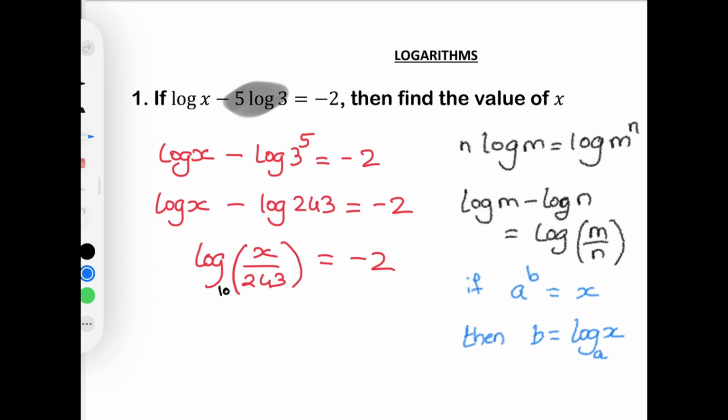So in this case we have 10 as a, the bracket x upon 243 is x, and negative 2 is b. So using this definition we get x upon 243 equals 10 raised to negative 2.